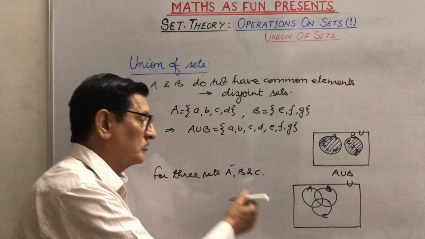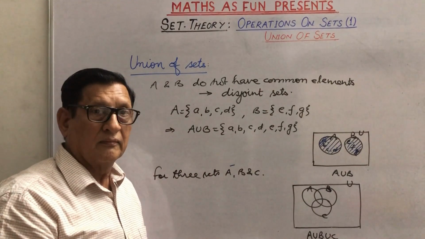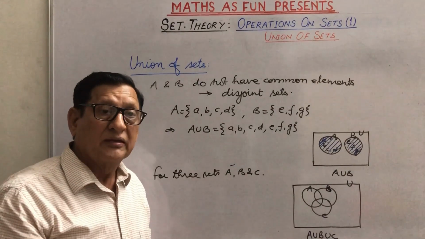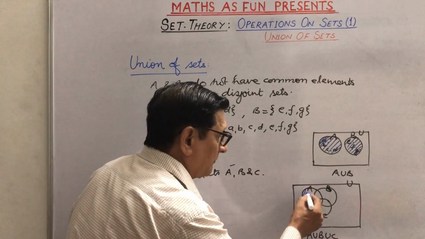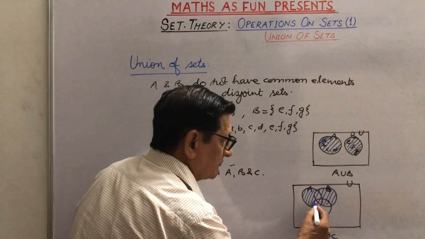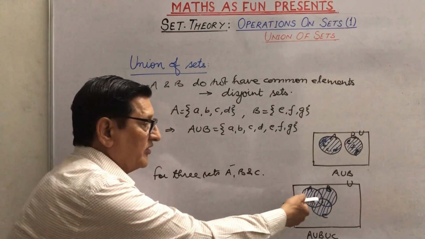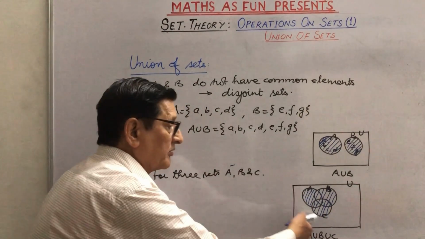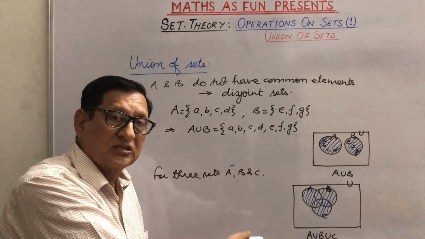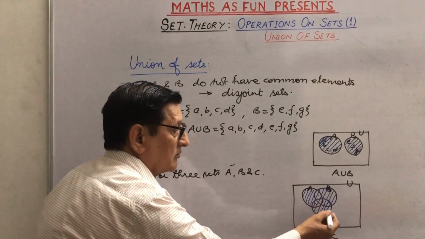Here we want to learn how to represent A union B union C. As we have seen in two sets, the same will be in three sets also, that we will be shading the complete portion of A, B and C. This is the way we are shading this, and this complete region of A, B and C represents A union B union C. The elements we can write inside them like this here.